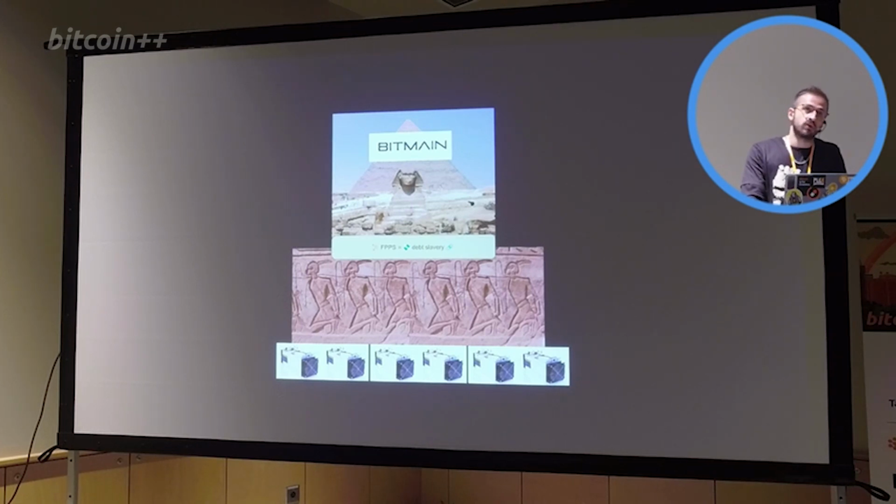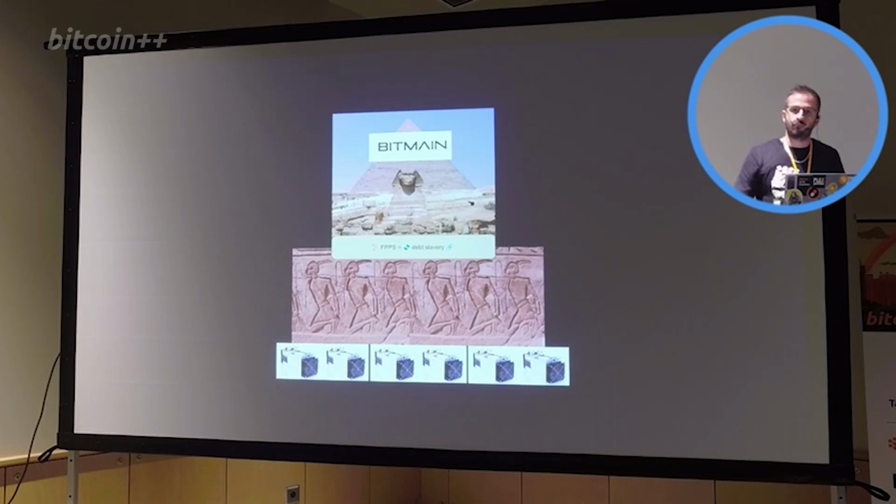But it puts the risk on the side of the pool. And if the pool doesn't have a very deep balance sheet, there are going to be rainy, unlucky days where they don't find enough blocks and they still need to pay the miners. So they resort to somebody, and this somebody is Bitmain.